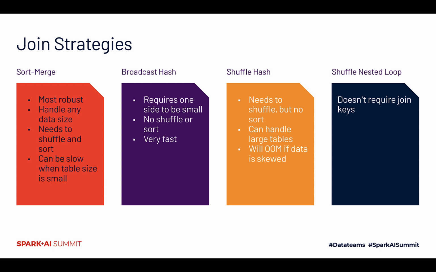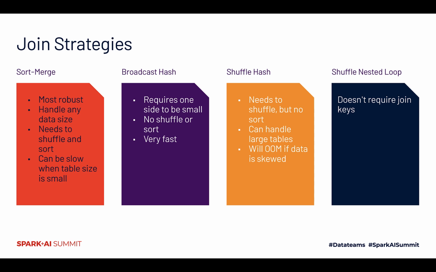The second join type that's available in Spark, but in Spark 2.0 had fallen out of favor due to concerns about scalability and memory pressure, was the shuffle hash join, this third one on the screen. This one was very similar to a sort merge join in the sense that it did a shuffle, but it didn't bother actually sorting the data during the shuffle. Instead, it would read the data into a hash table.